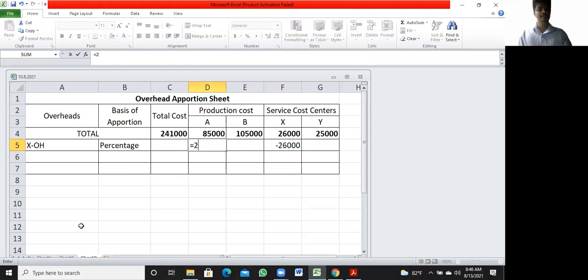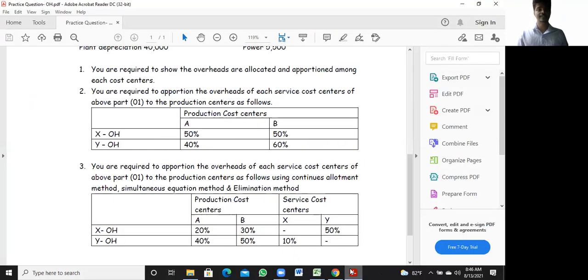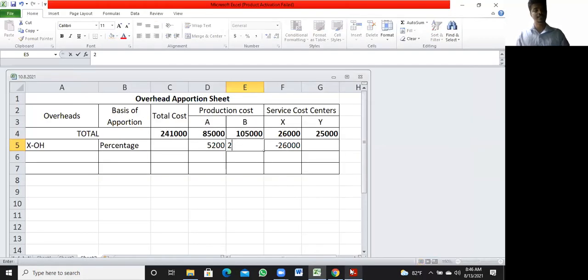That means 26,000 into 20%. Then 30% for B, that is 26,000 into 30%.